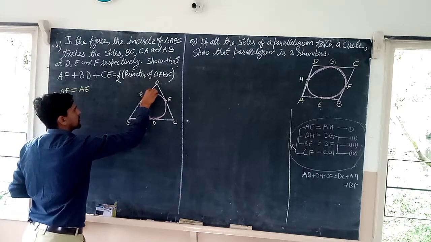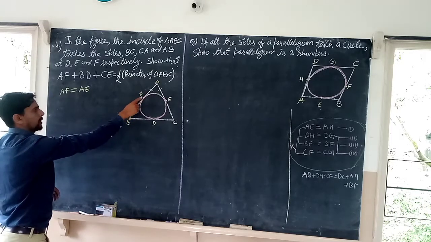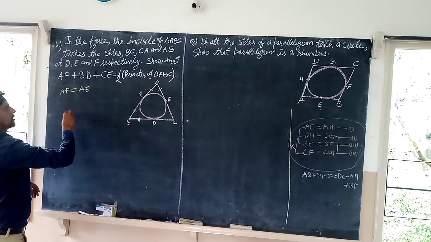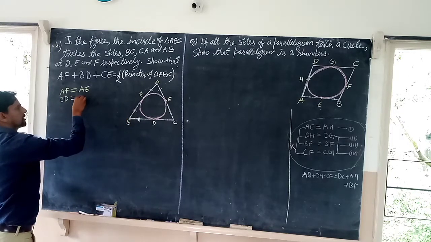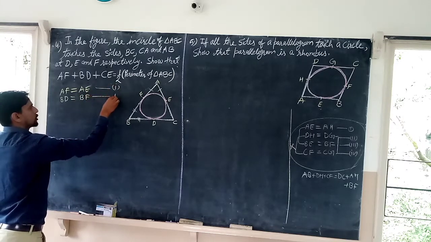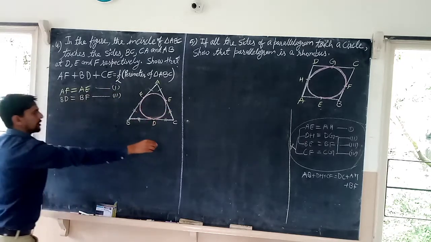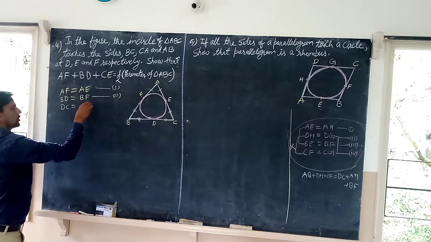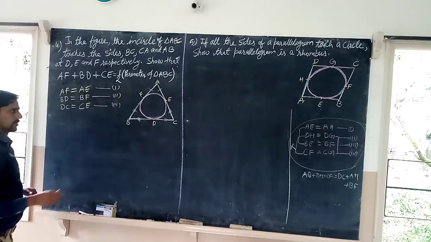This is the tangent from point A to the circle at points F and E. Another tangent: BD is equal to BF. Let's call this equation 1, this equation 2, and the third is also a tangent, so DC is equal to CE. These are the pieces of information that we can take out from the given figure.